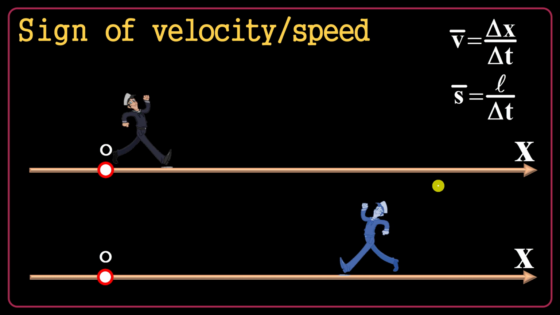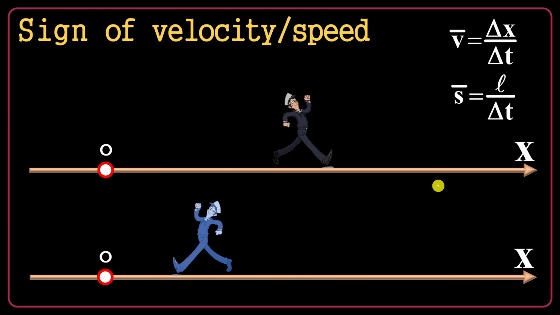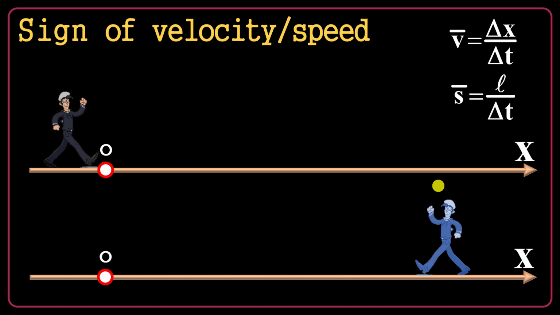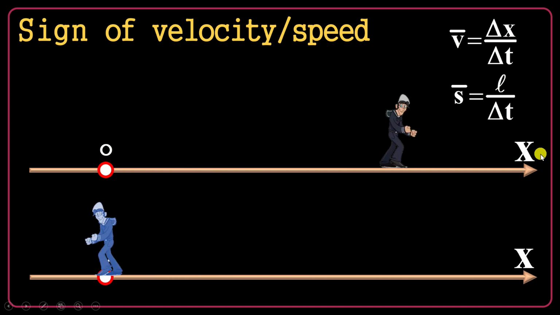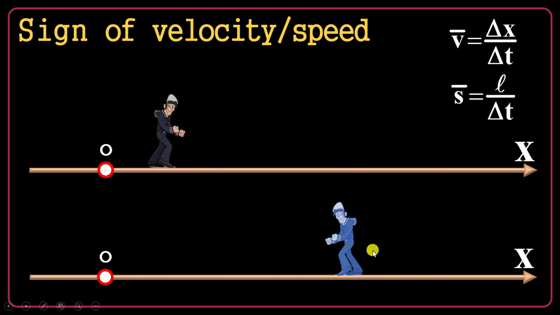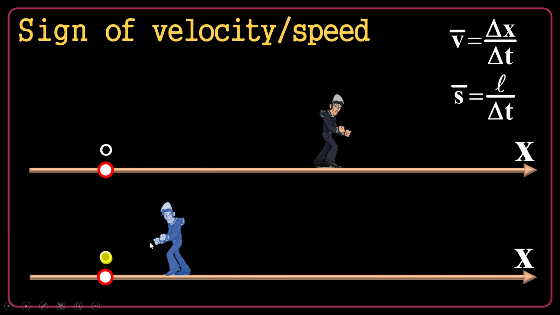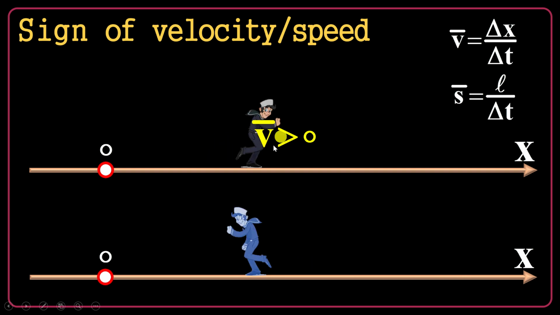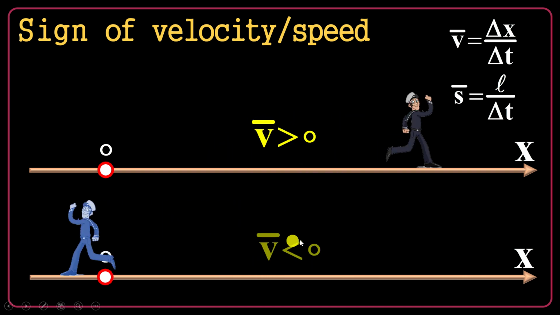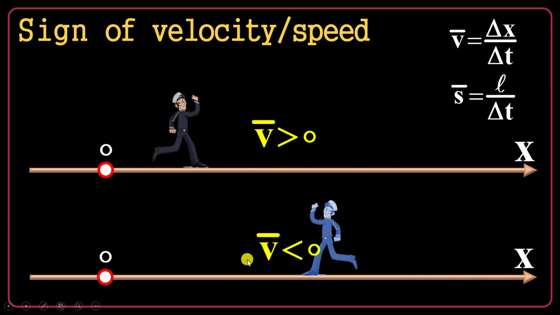Okay, let's continue. Look at this. So generally, I know that. Look at these two men. The top is a man going to the right, to the positive direction, and the bottom is the other man who is going to the left, okay? The top will have positive average velocity and the bottom negative average velocity, okay?